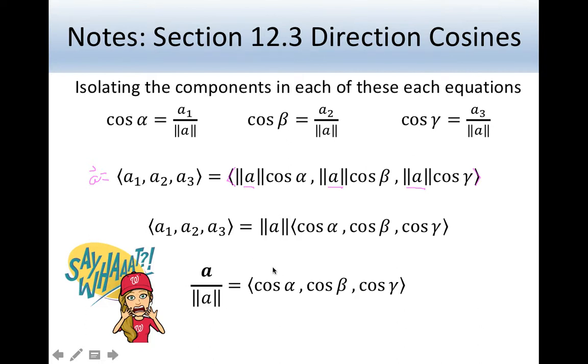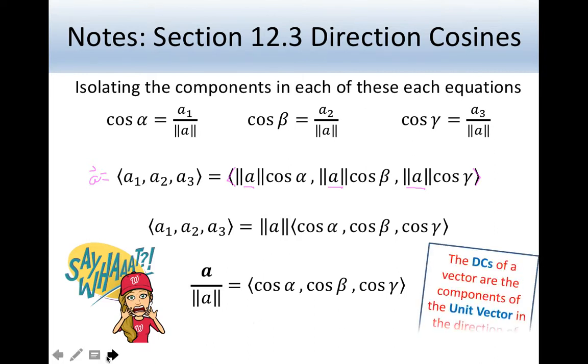Can you think about what that says? What's on the left side? That's the unit vector, the unit vector for vector A. The unit vector of vector A is the same thing as, well, its components are its direction cosines. Gasp!